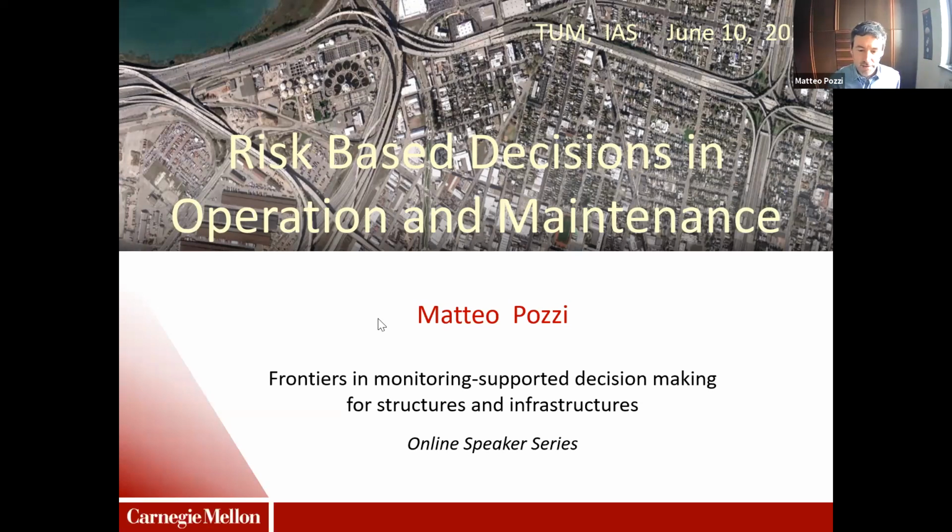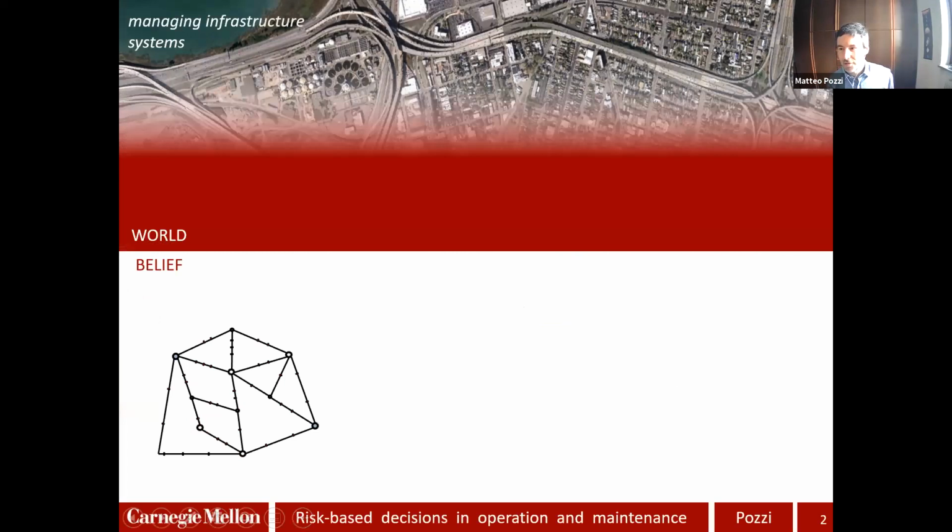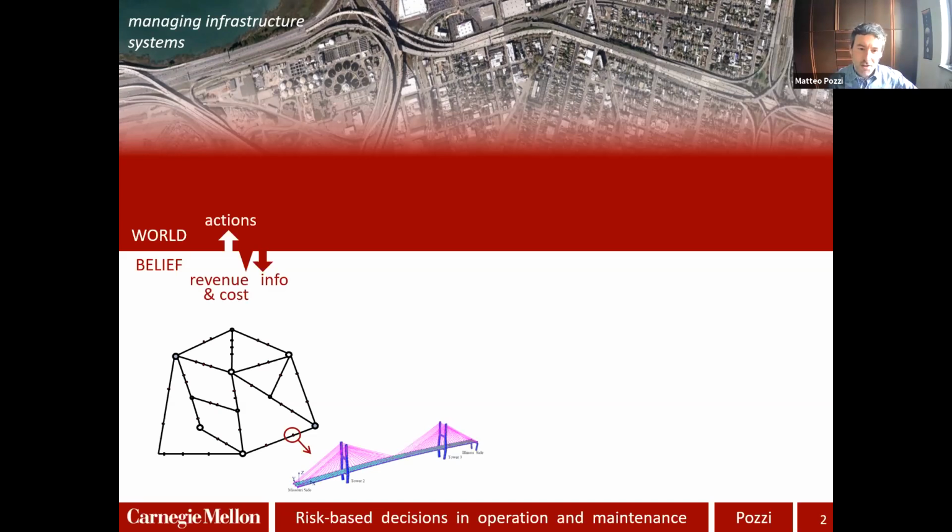And so the overall vision, from the standpoint, for example, of infrastructure management, is to model the physical world with some numerical tools at the level of the entire system and of different components, and then interact with the physical world, doing actions and receiving revenues, but also information.